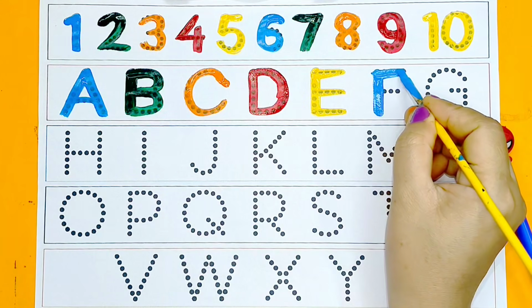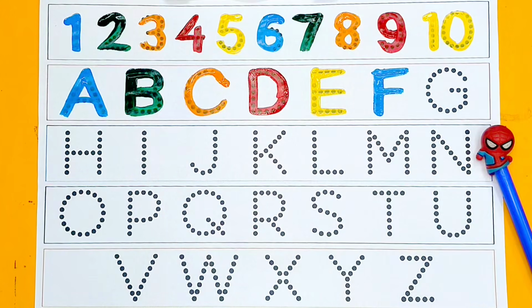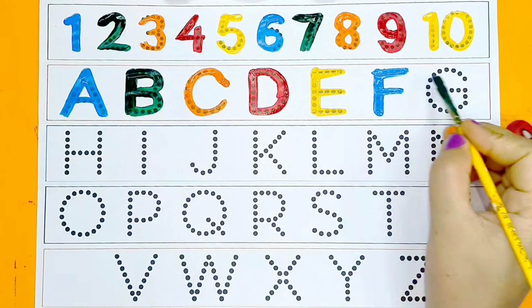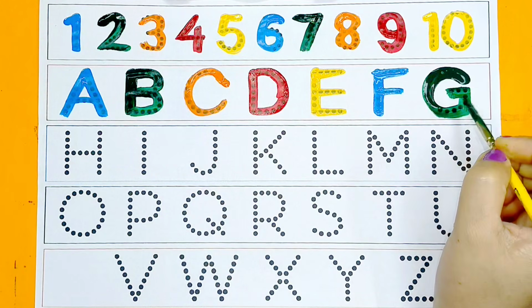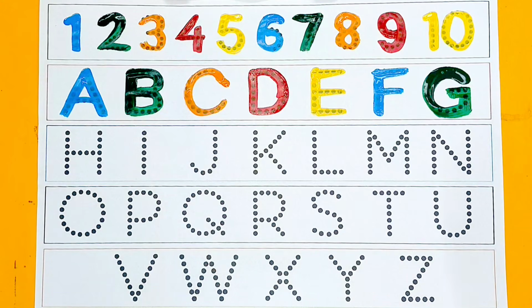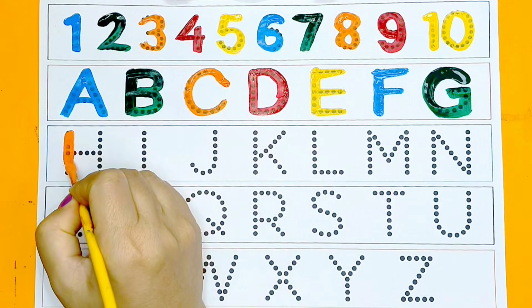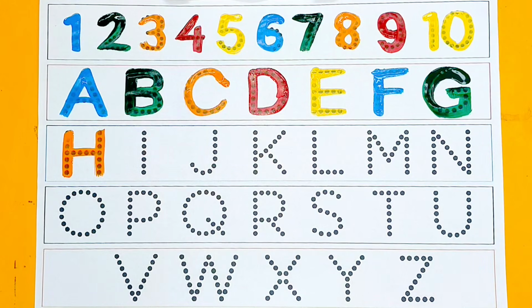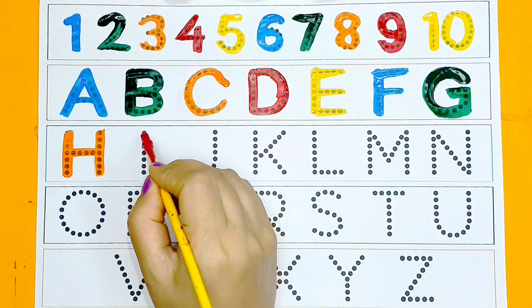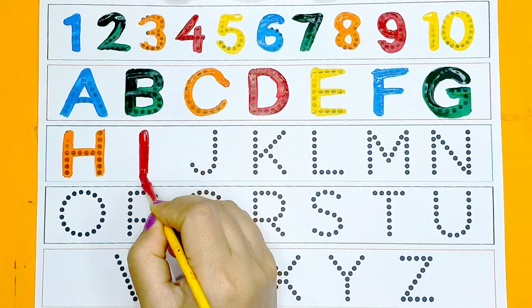F. F for fish. G. G for grapes. H. H for hand. I for ice cream.